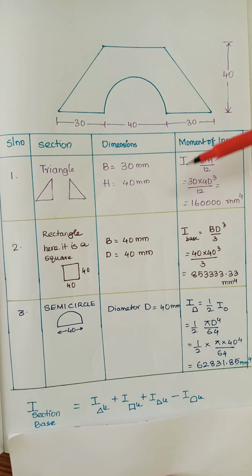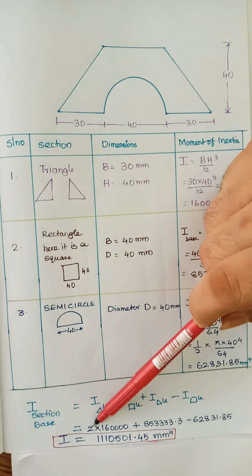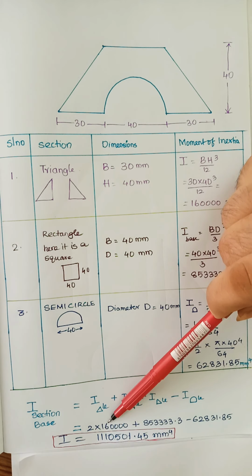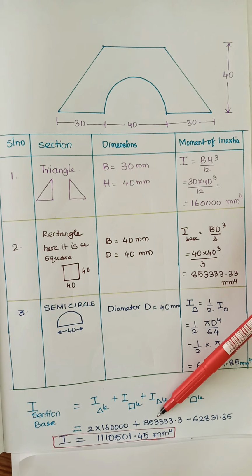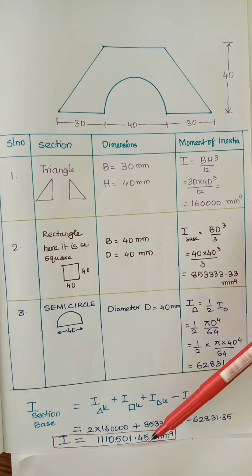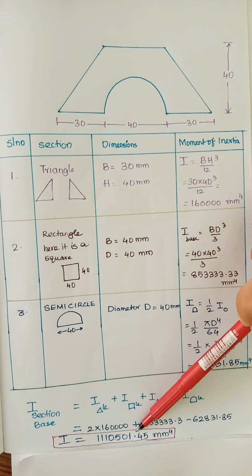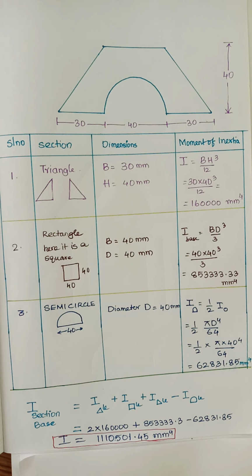So this one is multiplied by 2, as we have two triangles, plus this one minus semicircle. It will be 2 times 160000 plus the moment of inertia of the square or rectangle minus the moment of inertia of the semicircle. So the moment of inertia of this particular section will be 3110501.45 millimeter to the power 4.